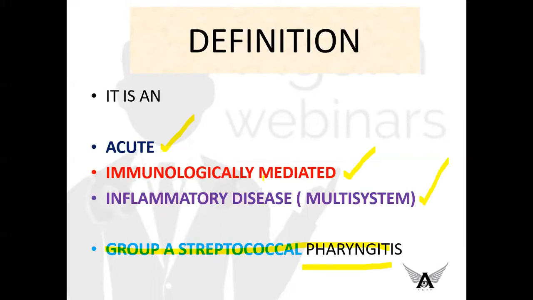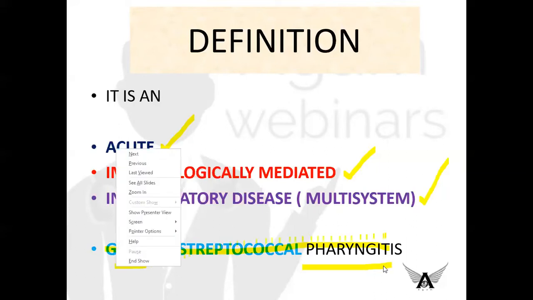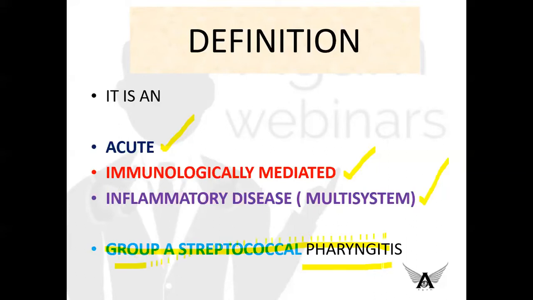It involves different organs, and there is inflammation in different organs. That is why it is a multi-system inflammatory disease, primarily because of group A streptococcal pharyngitis.